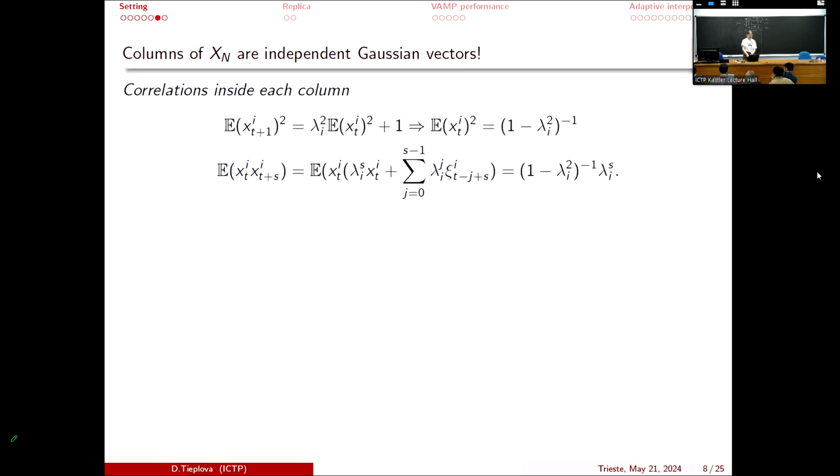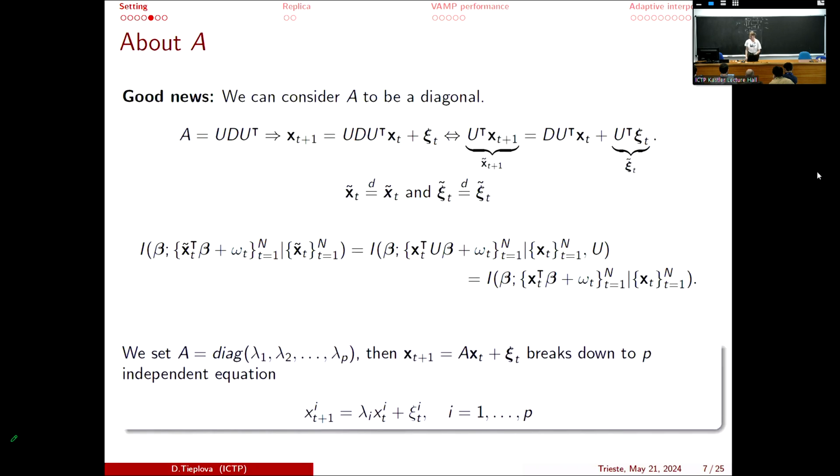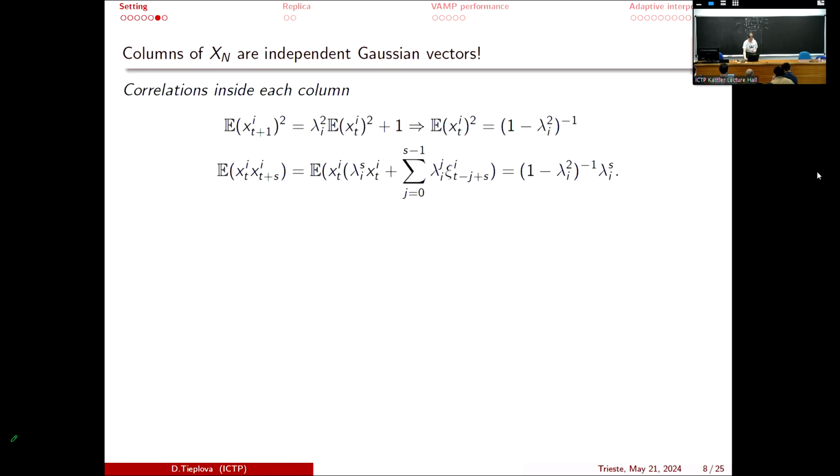It is very easy to find what this covariance matrix is, because from this bottom equation we just need to find the variance of each coordinate and the correlation of each coordinate at different time points. After some very simple calculation, we can obtain the covariance and the correlations.